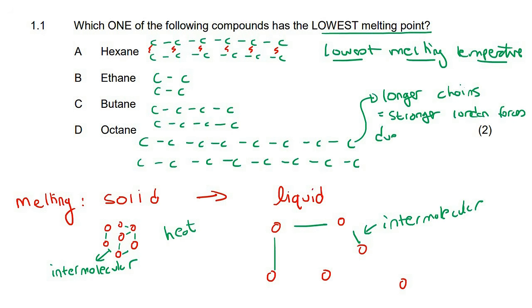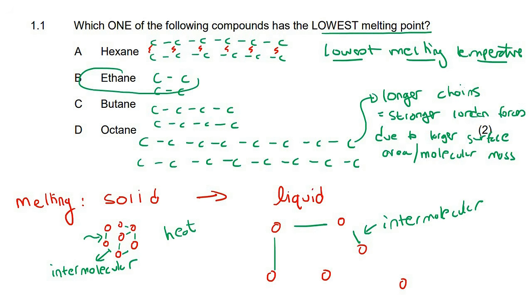Why? Due to a larger surface area, or you could say larger molecular mass. I'm not going to go any further because we have spoken about this before. So the octane is going to be more difficult to separate because the London forces are quite strong.